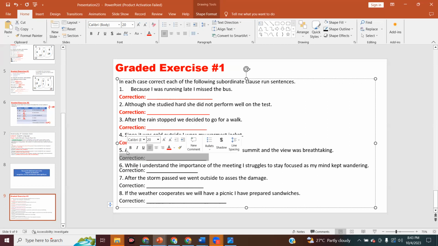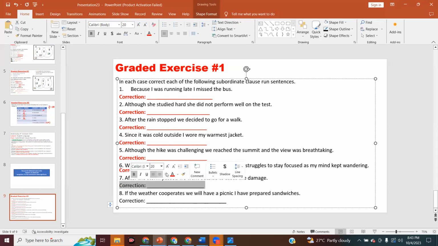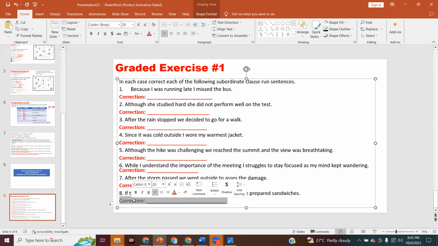Once you finish, take a picture of your notes as well as the graded exercise.